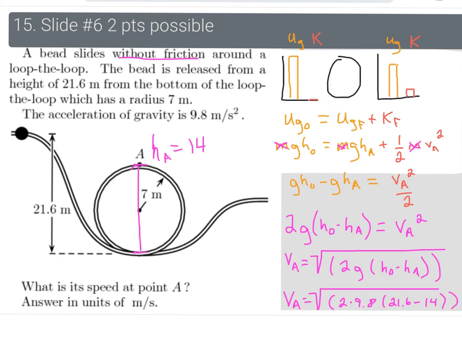So my answer, the velocity at A for me is going to come out to 12.20 meters per second. Alright, so your answer should be something similar. There you go.